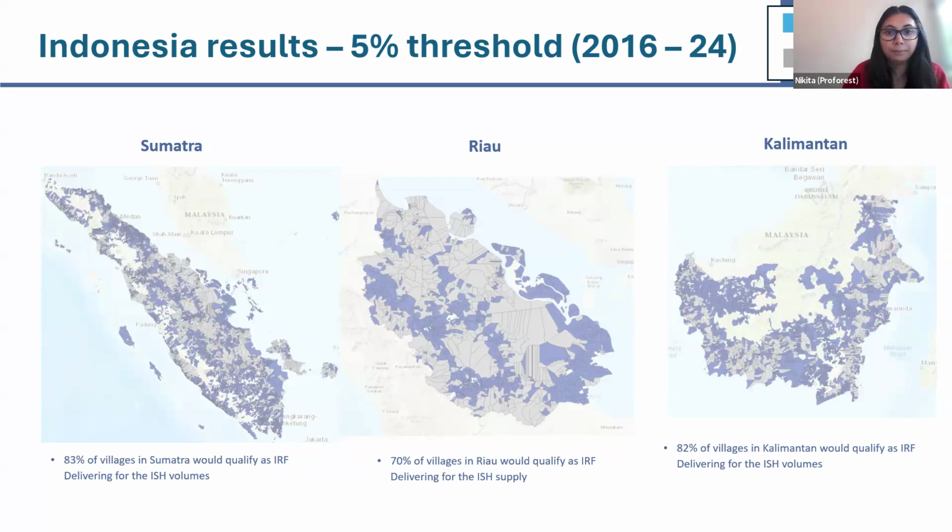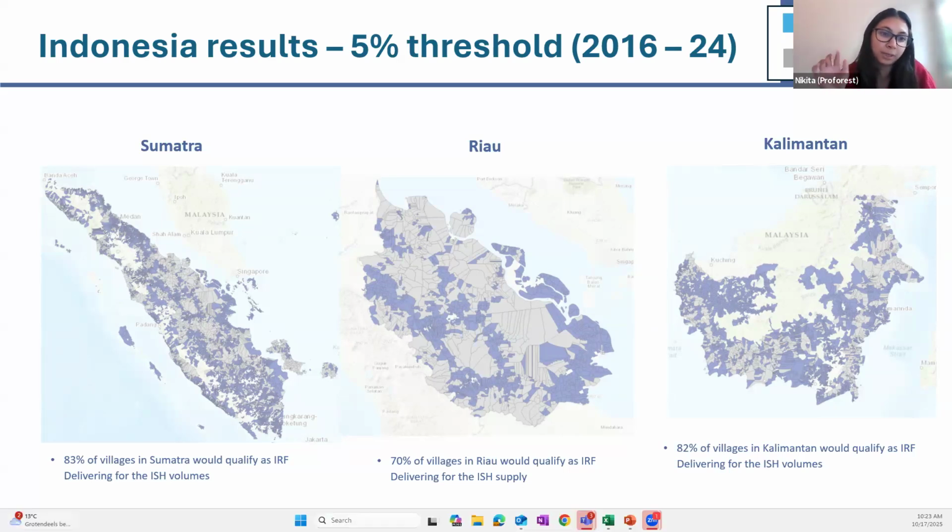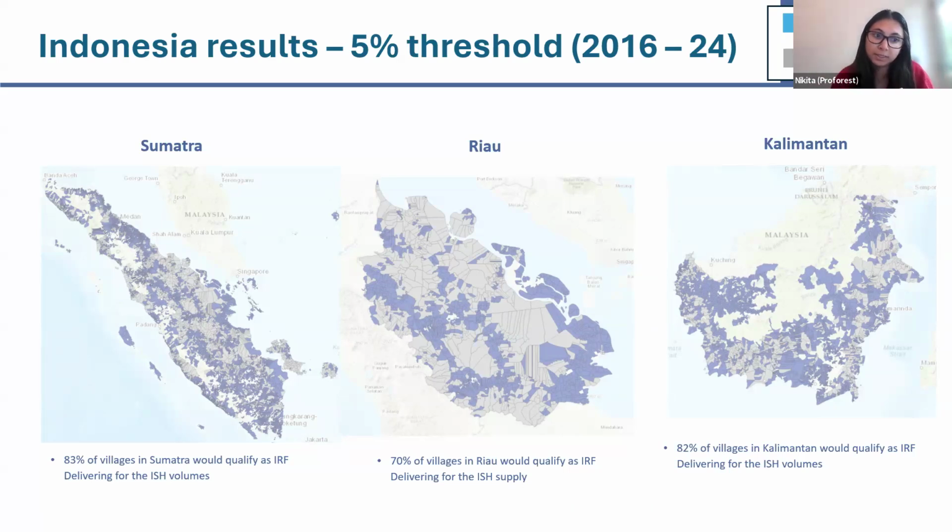All of the spots on the map that are blue are the MSD villages, and all of the ones in gray are non-MSD. In Riau, you can see 70% of the villages are delivering, and in Kalimantan approximately 82% of villages are delivering.